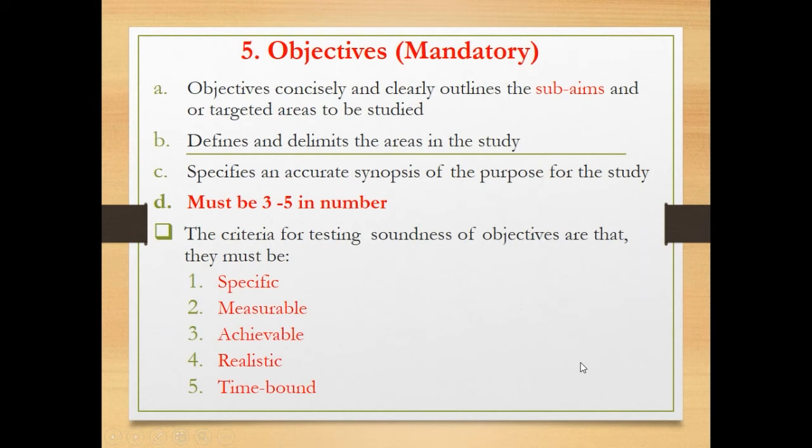Now, the most mandatory part would be the objectives. There are others who deal with the general objectives, which still has a similar mandate like your aim, which provides the output or the outcome of the study. And then your objective is now the process that you take to reach your aim.